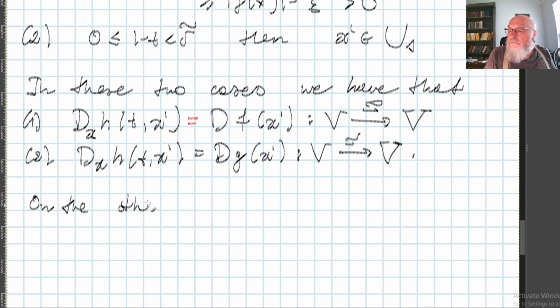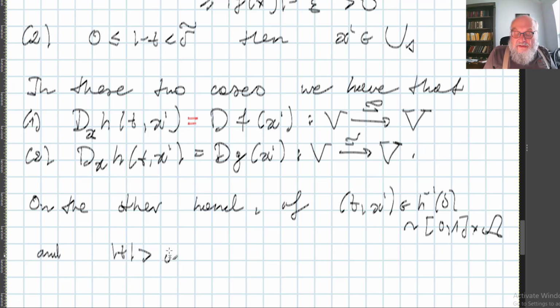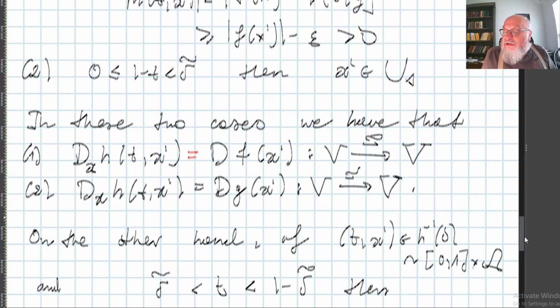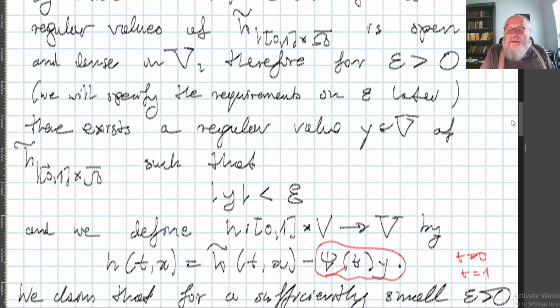So now there is one more case. On the other hand, if we have that t x prime again belongs to h minus 1 of 0 intersection, 0, 1 times omega, and t is smaller than 1 minus that one and is larger than that one, then according to our definition of the function, by definition of psi, let's look at the definition of psi.